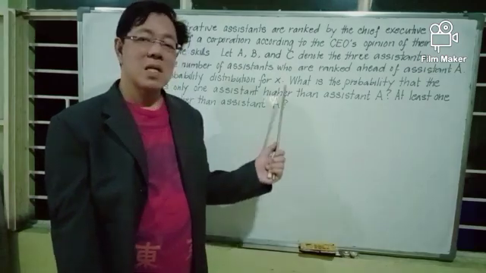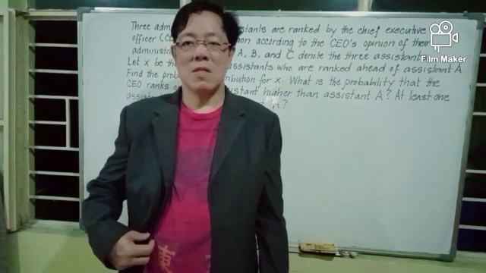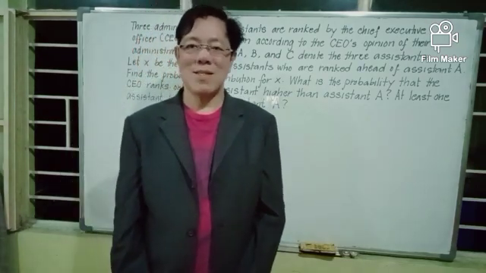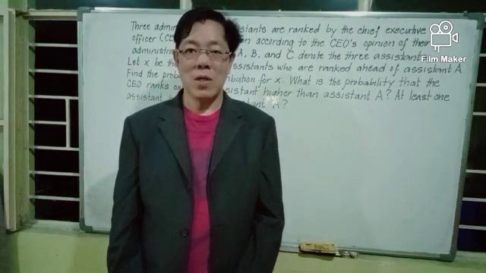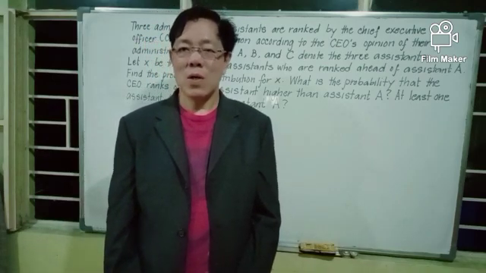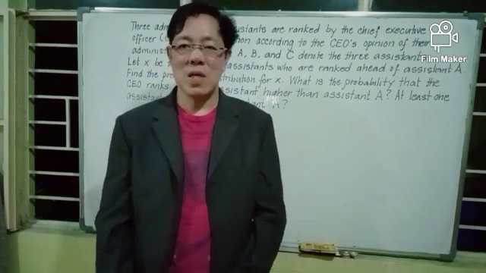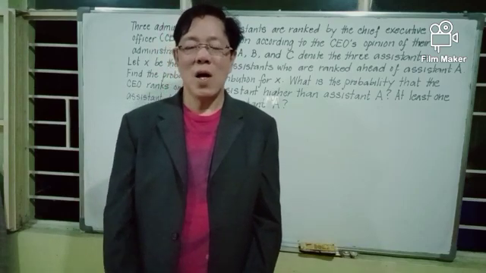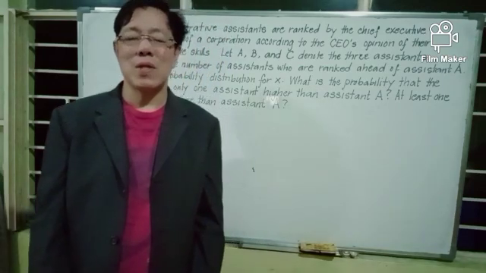But in this particular problem, order is important because the 3 assistants denoted by capital letters A, B, C are to be ranked. The order and ranking of these assistants in an arrangement will denote their rank.